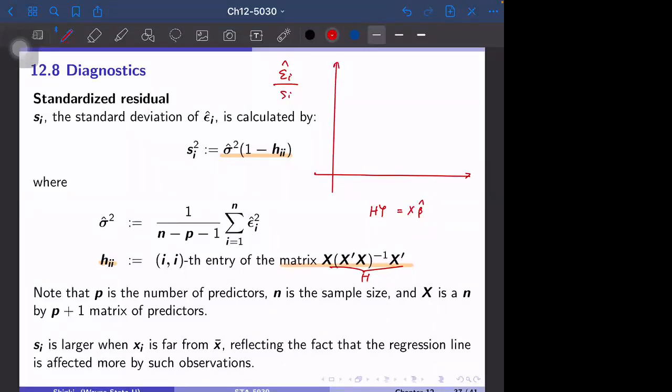Think about the case that most observations are around the center, but there is one observation here and one observation here. Then these two observations have large influence on the regression line. Probably if we make a regression line, that becomes here, because basically this point and this point determine the regression line.